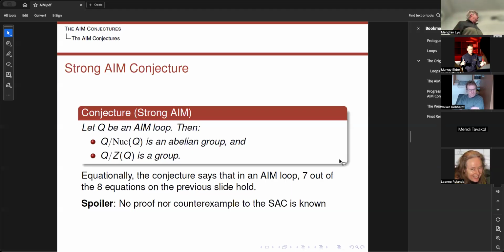Equationally, the conjecture says that in an AIM loop, 7 out of the 8 equations always hold. We know the first one doesn't necessarily hold, but the other 7 always do. Now, just to spoil this, the strong AIM conjecture is still open. I should have saved that for the end, but I'm not very good at telling jokes either. So punchline first.